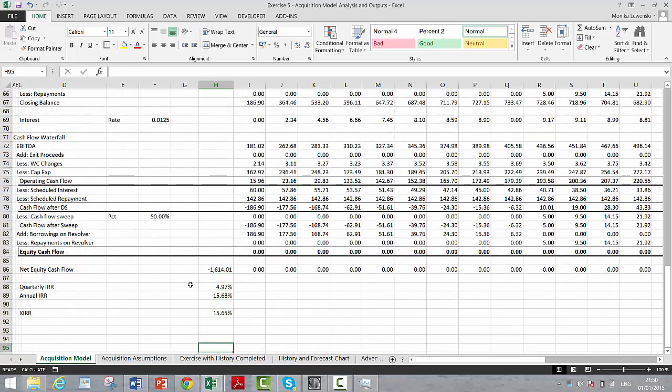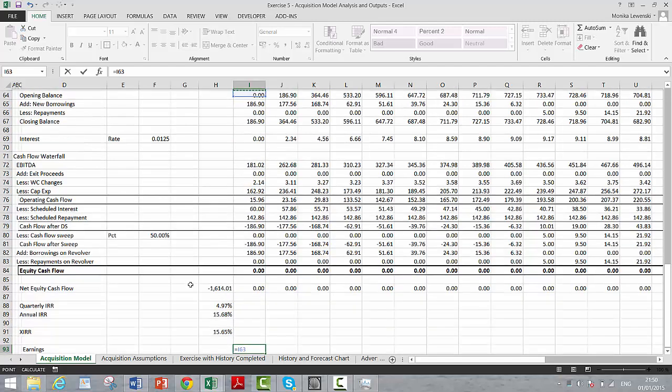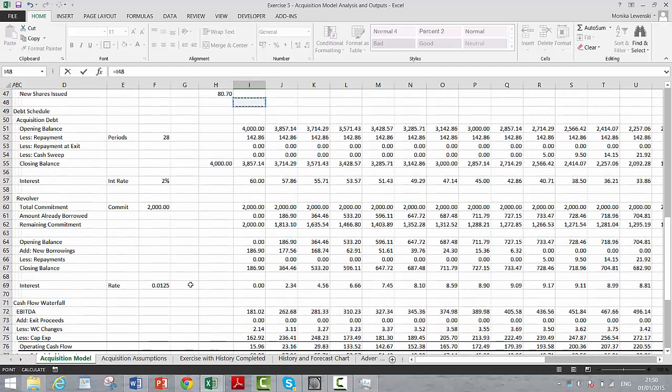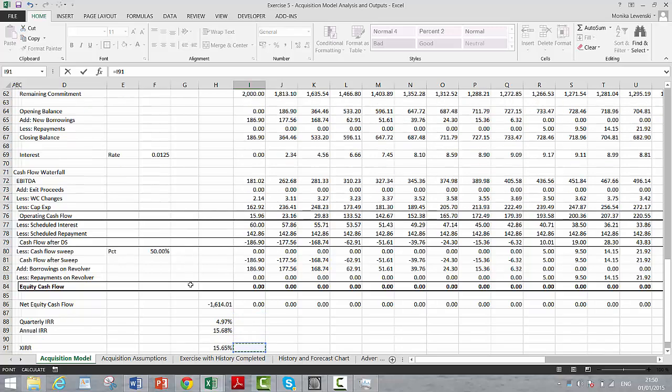And then at the very end, we can also look at earnings. And our earnings are just from, we didn't compute the earnings. Okay.